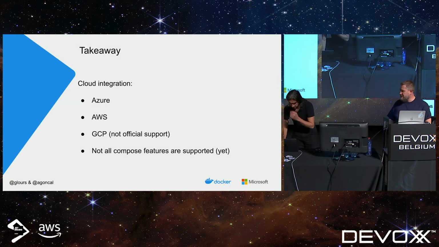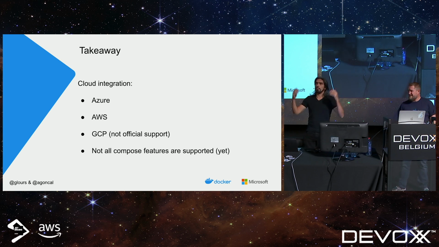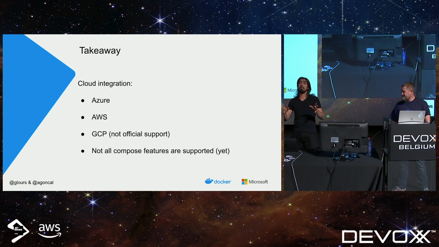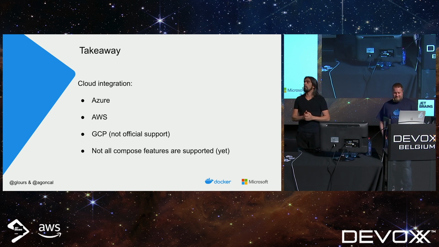On the cloud side, Antonio. Yeah, well, as I said, Microsoft and AWS are part of the Compose specification. So the idea is to support 100% of the spec one day, which is not the case now. We have a kind of compatibility matrix of which cloud provider implements which part of the Compose file and which do not implement part of it.